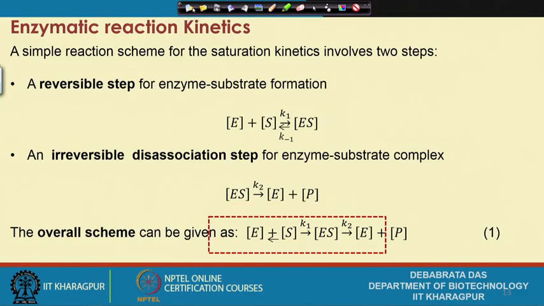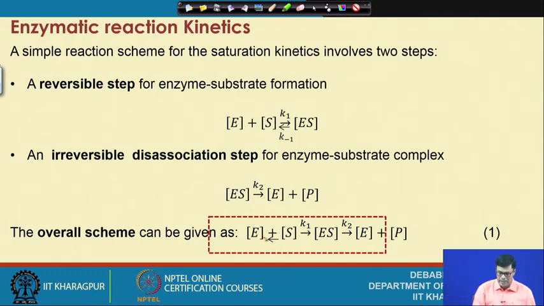But whatever substrate sits at the active site of the enzyme gives the product, so that is an irreversible reaction. This is what Briggs and Haldane proposed, and this is how the reaction can be expressed: E plus S equilibrium ES, going to E and product.